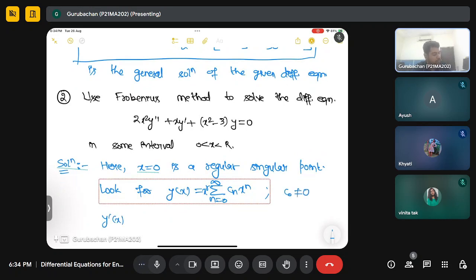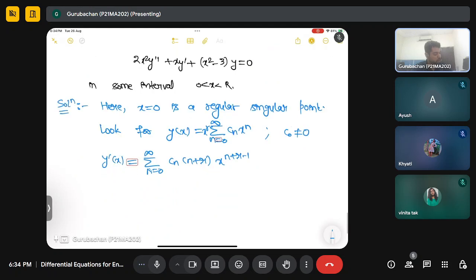So y dash x will be summation n equals 0 to infinity c_n (n plus r) x to the power n plus r minus 1, and y double dash x will be summation n equals 0 to infinity (n plus r)(n plus r minus 1) c_n x to the power n plus r minus 2.